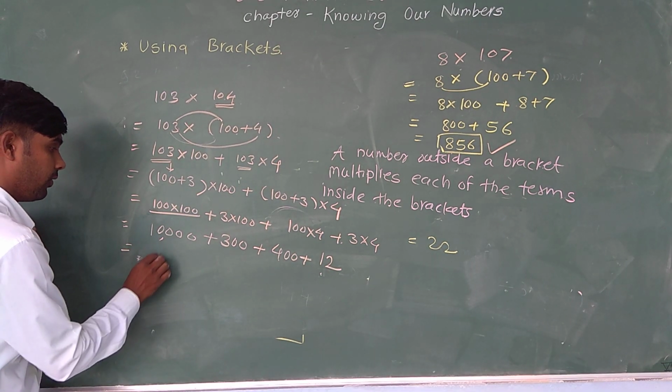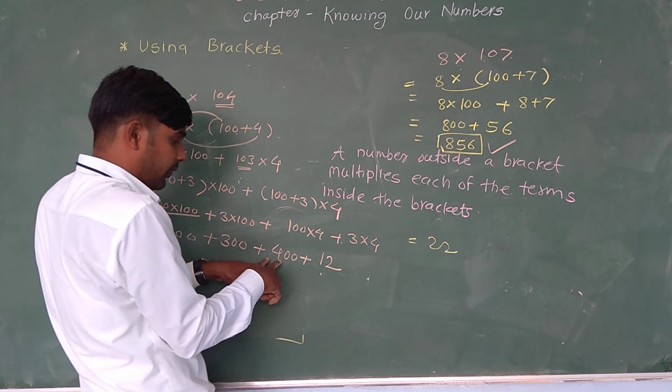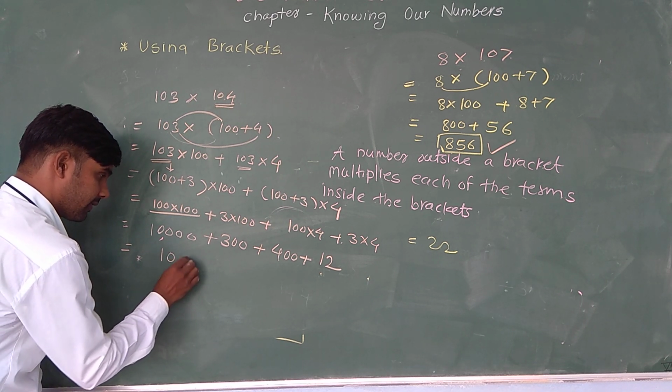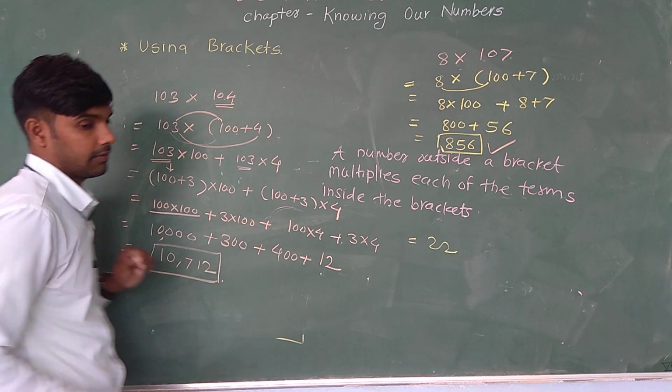So 10,000 plus 300 plus 400 plus 12. How much? 12,712 is the correct answer.